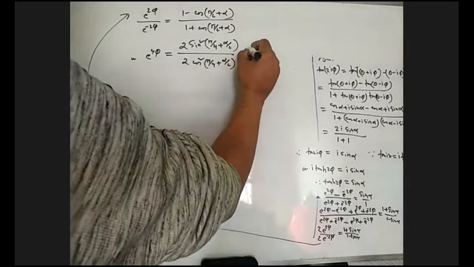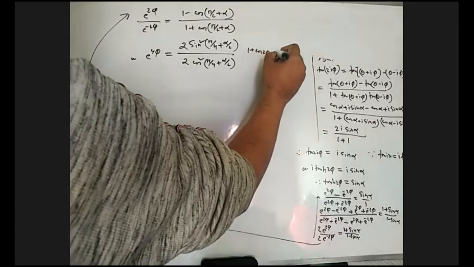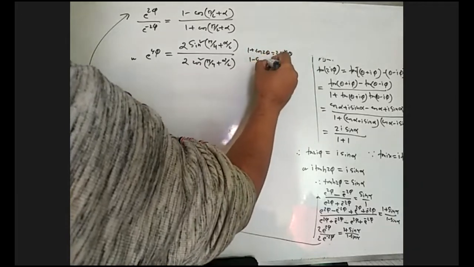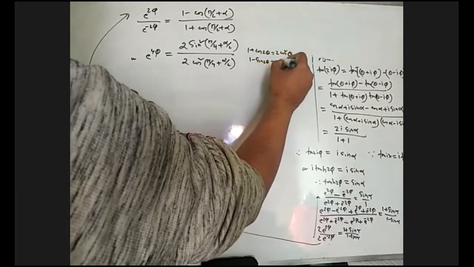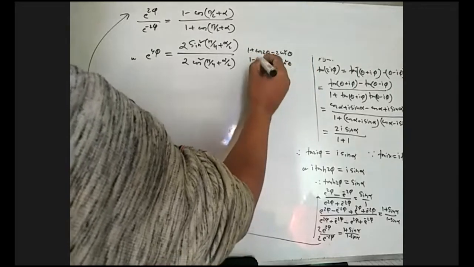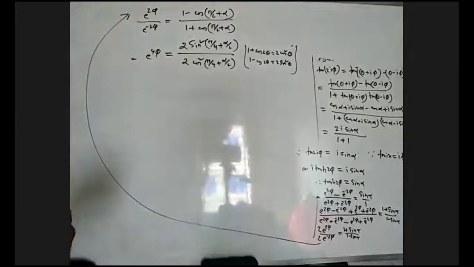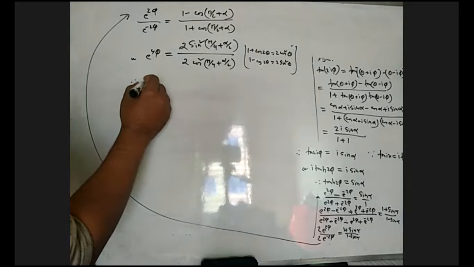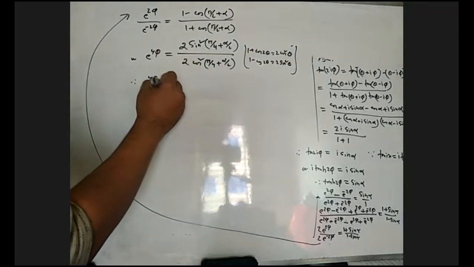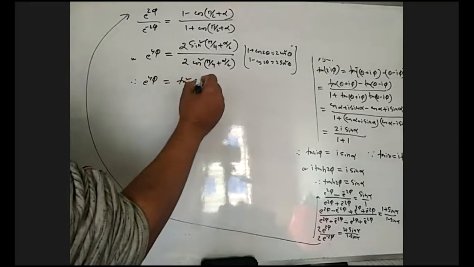That means 1 plus cos twice θ equals 2 cos square θ, and 1 minus cos twice θ equals 2 sin square θ. Just using this identity, the 2 will be cancelled. So e to the power 4π equals tan square.